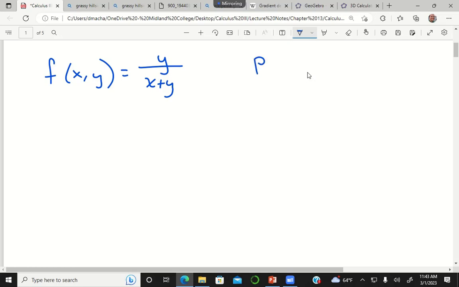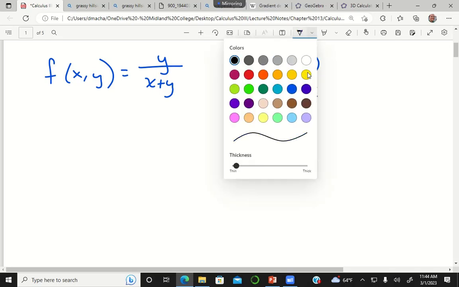It gives us a point with coordinates 3, 0 and direction of negative pi over 6. What it's asking is to find the directional derivative in the direction of theta equals negative pi over 6.